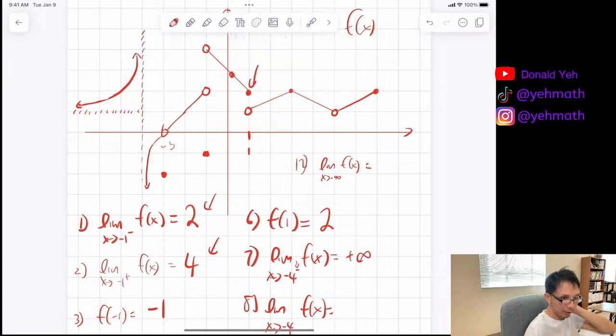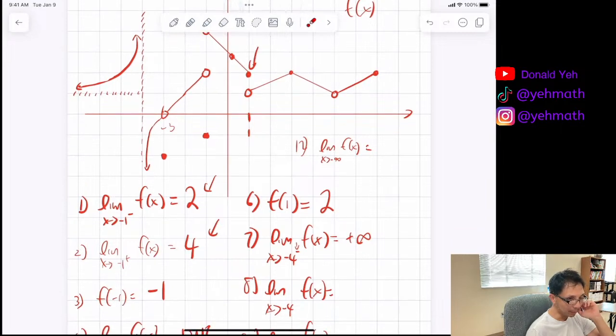Now, a lot of people didn't understand that, but this is -4. If approaching this way, that's definitely positive infinity because this is an asymptote. A dotted line means asymptote. This is going to positive infinity. Some people can put does not exist, that's understandable, but if it goes up like this, either answer is fine, but I prefer positive infinity.